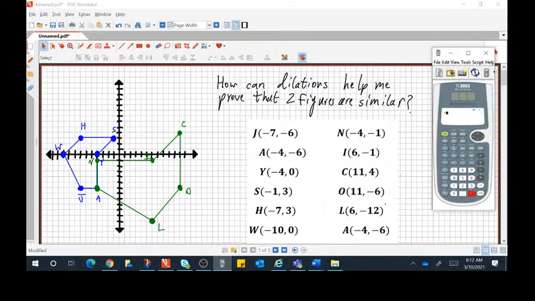If you do -4 times 0.6, I get -2.4, and -1 times 0.6 is -0.6. So congratulations, N prime is (-2.4, -0.6). Does that make you feel happy? No, and do you think you might mess up your graph a little bit when you're making that dilation?